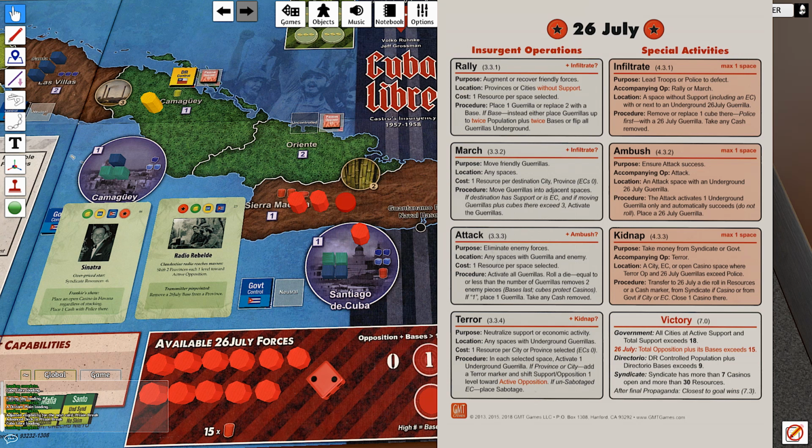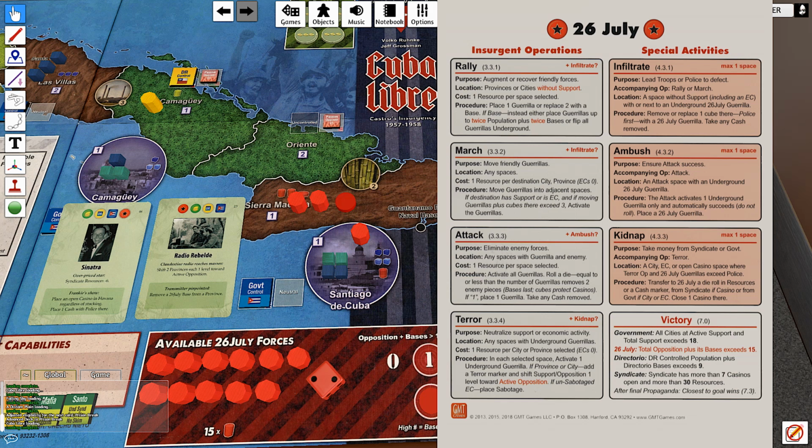Now their special activities is to infiltrate. So they are going to look at lead troops or police to defect. They're going to take the government forces and change them over to their side. That sounds really good, because the government is really against the 26th of July faction.